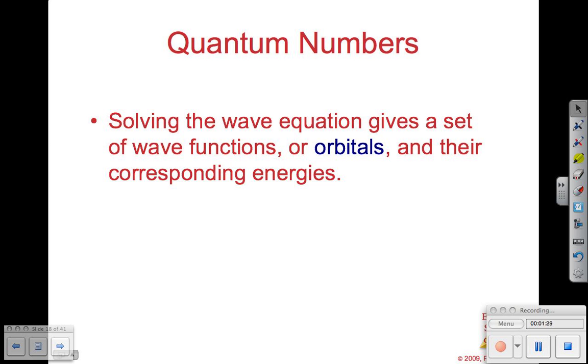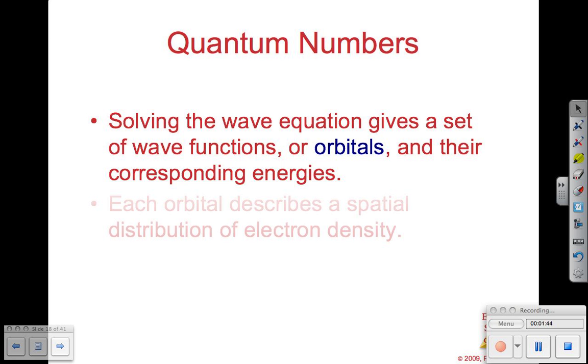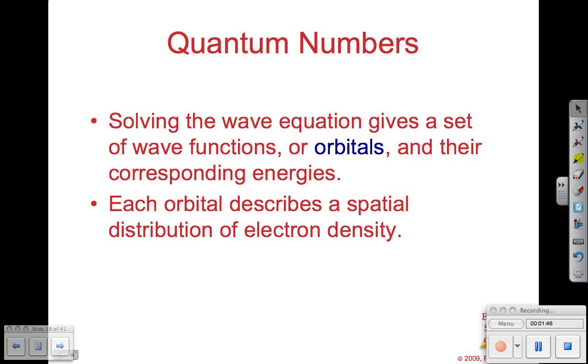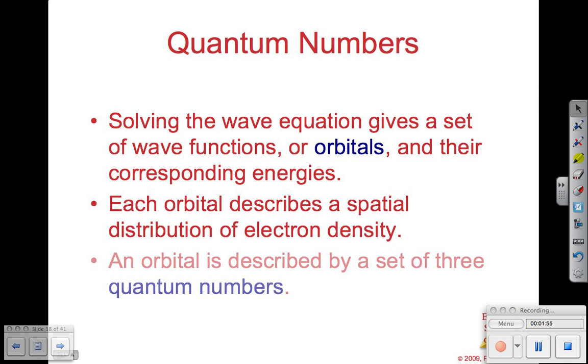When we move away from the idea of orbits into the idea of quantum numbers, we call those different wave functions orbitals, and they define a specific region of space around the nucleus where the electron exists, and there are energies associated with it. Each orbital describes a spatial distribution of electron density, and we've looked at orbitals a little in the past.